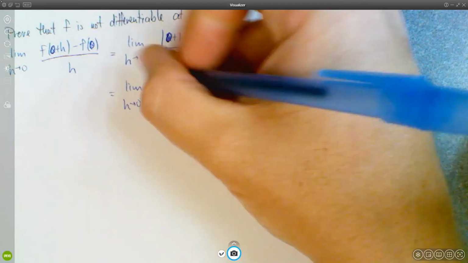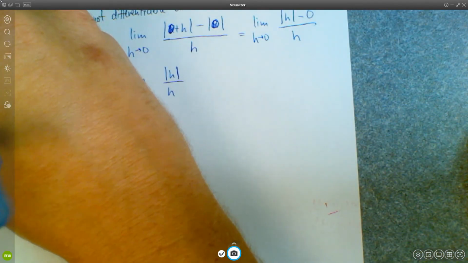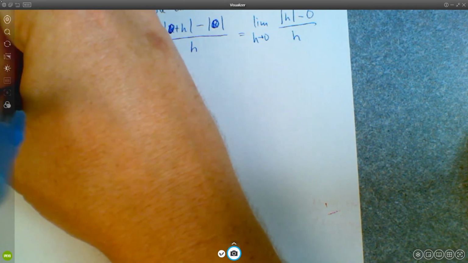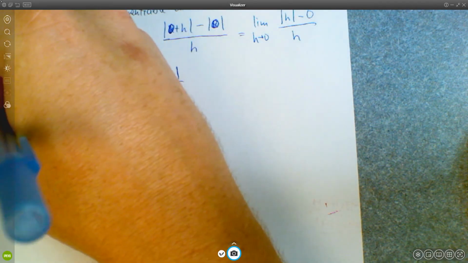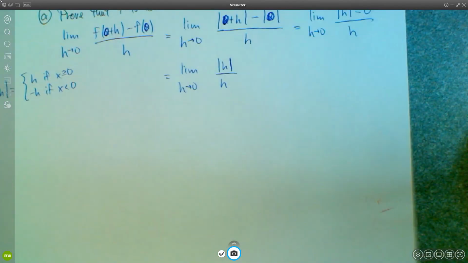If you think about absolute value of h, it's h if h is positive, and negative h if h is negative. So there's the piecewise definition of absolute value.